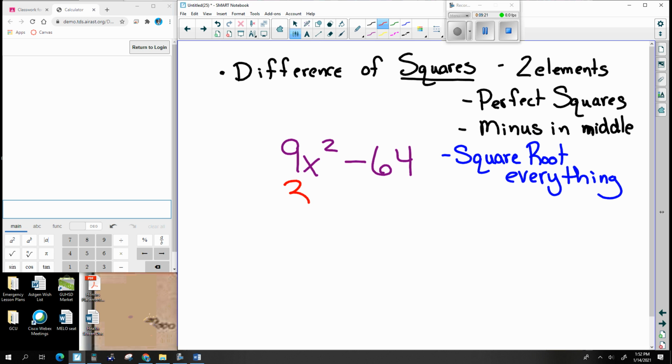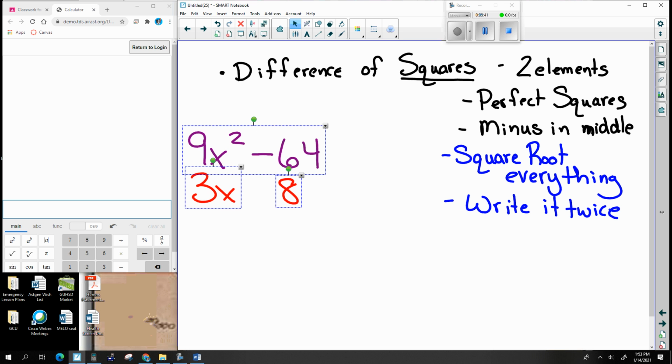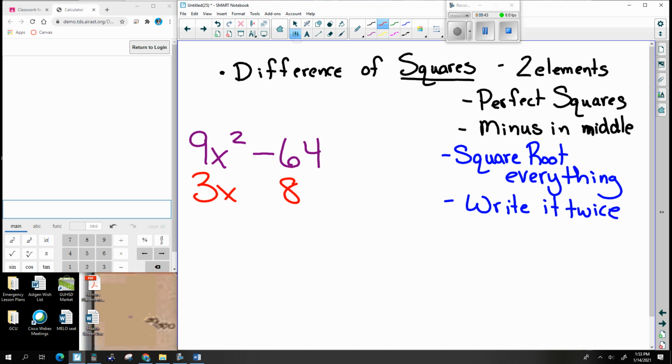So 3x and 8. Square root everything. Write it twice. All right, so 3x and 8. Scooch it over here. 3x and 8.